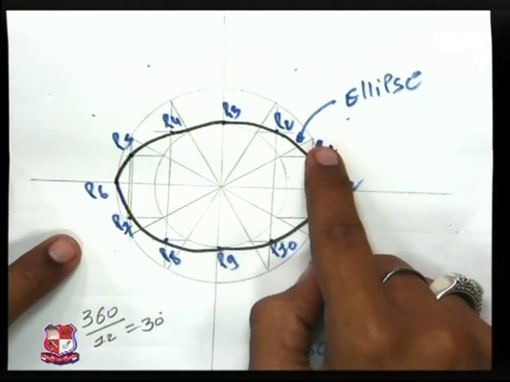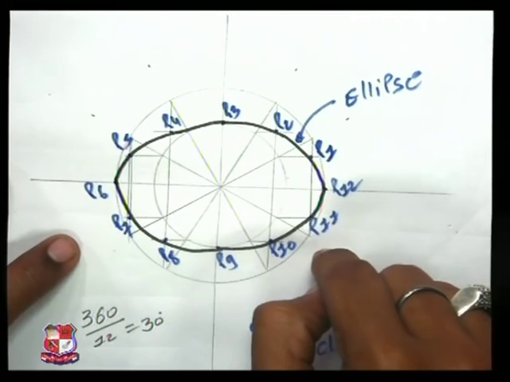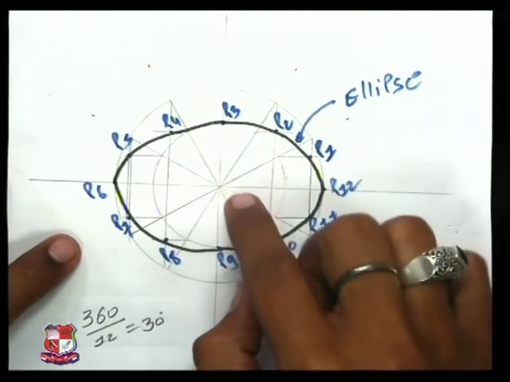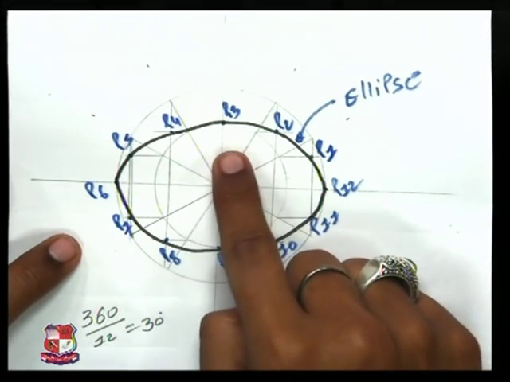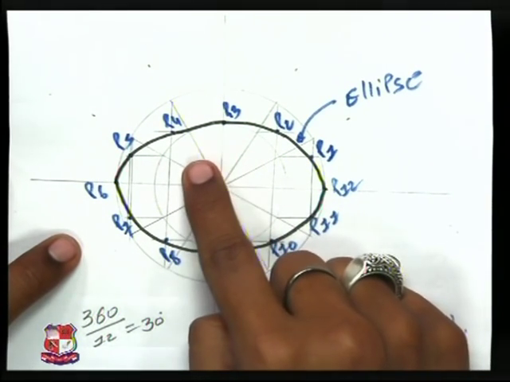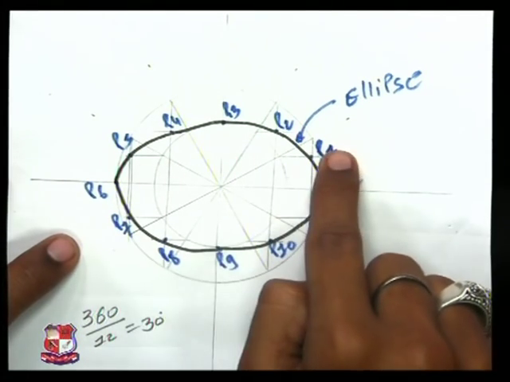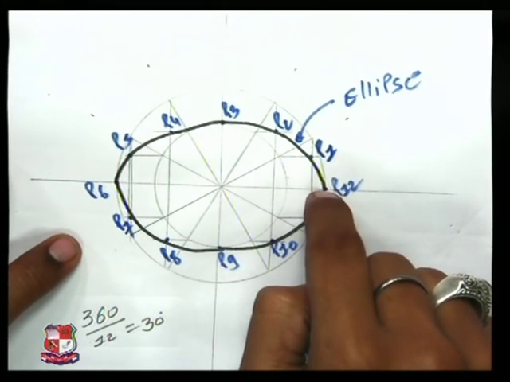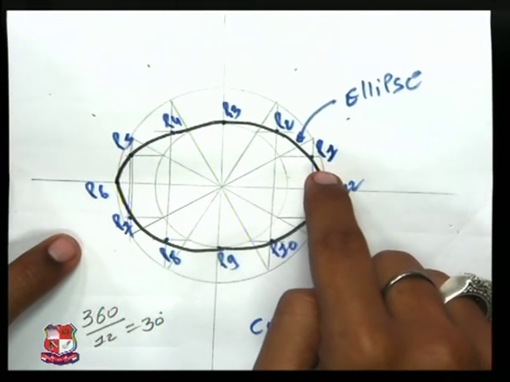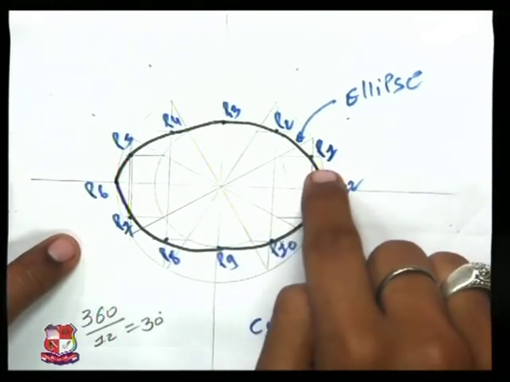So the 12 divisions which intersect with the major axis circle, we will draw vertical lines at each point, and from where the 12 sections intersect the minor axis circle we will draw horizontal lines which will intersect with these vertical lines of the major axis. So we will get the points like P1, P2, P3, P4, P5.